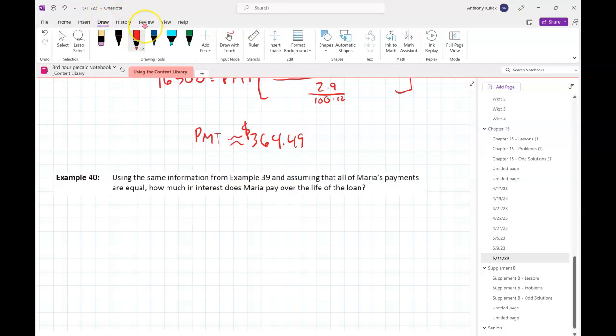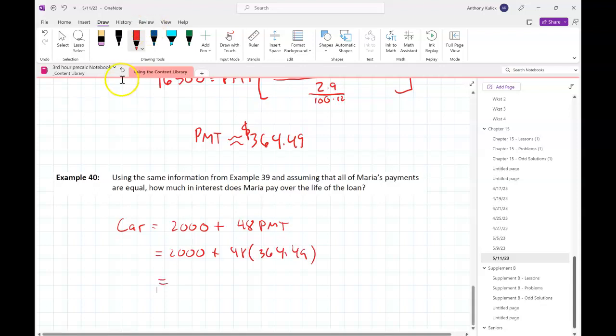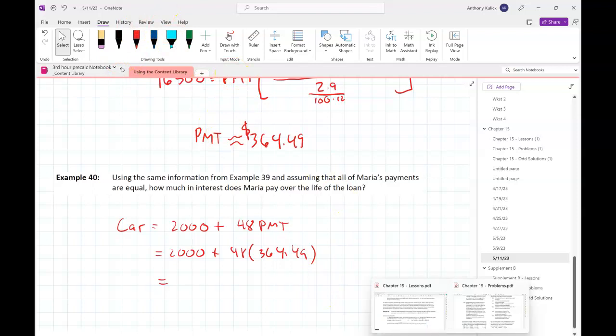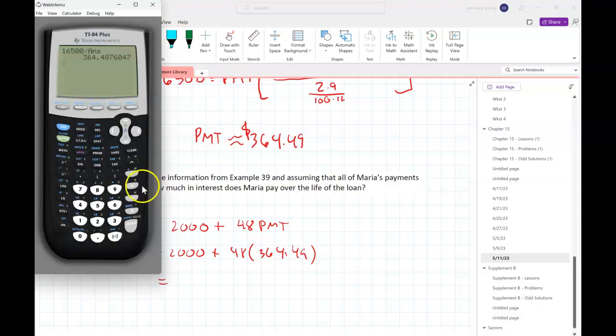Because we paid $2,000 right away, and then we did 48 payments, and each payment was $364.49. So let's see how much we actually ended up paying for this car. I think we're going to be kind of sad about the answer.